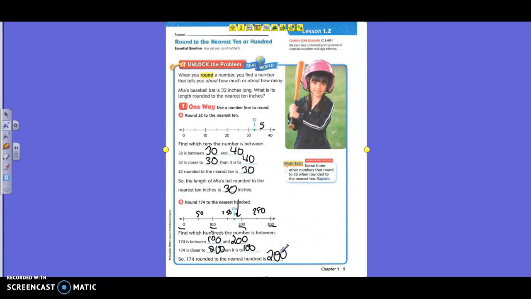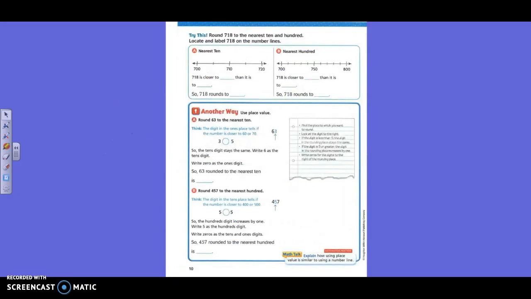Okay. Turn to the next page. This is the back side now. Okay, now try this. Round 718 to the nearest 10 and nearest 100.